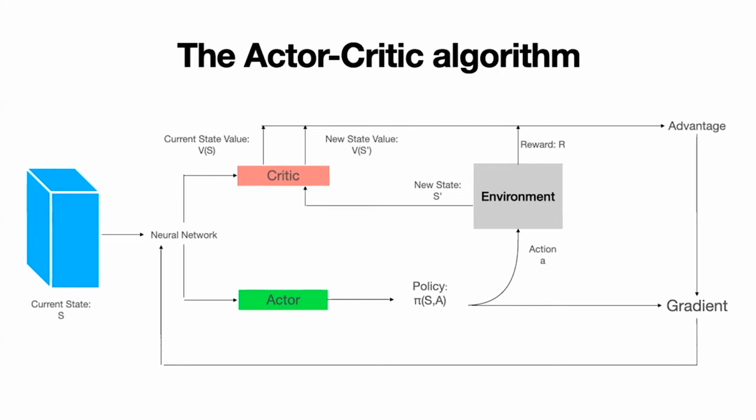So the critic gives the value and gives feedback to the actor, and then the actor takes this action, and the action goes to the environment. Then the environment gives back the reward and new state. From there, we can calculate the advantage function. Once we get the advantage function, we can use it to calculate the gradient. So we take these values to feed our neural network.